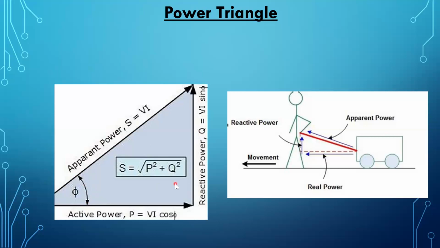So cos phi is equal to, we know the formula, active power divided by apparent power, which is kW divided by kVA, apparent power being measured in kVA. That is our cos phi, because phi is the angle difference between the apparent and the active power.